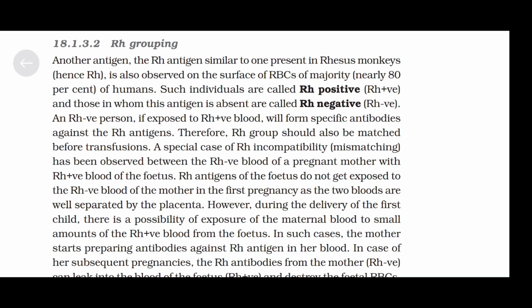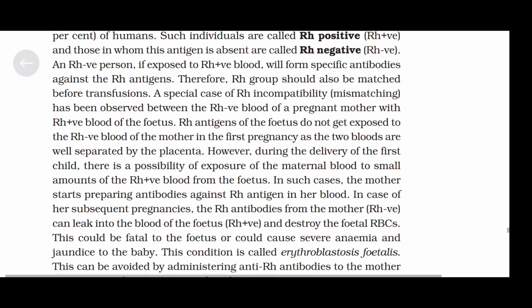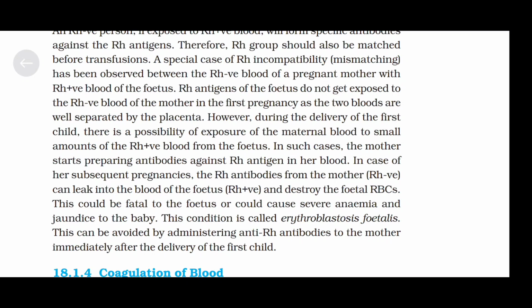However, during the delivery of the first child, there is possibility of exposure of the maternal blood to a small amount of the Rh positive blood from the fetus. In such cases, the mother starts preparing antibodies against Rh antigen in her blood.